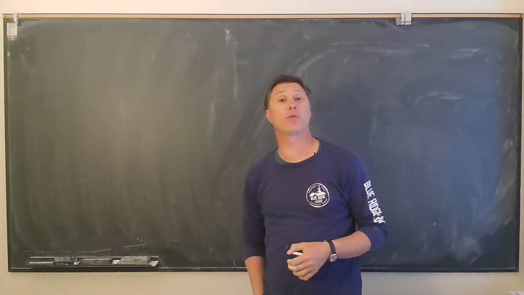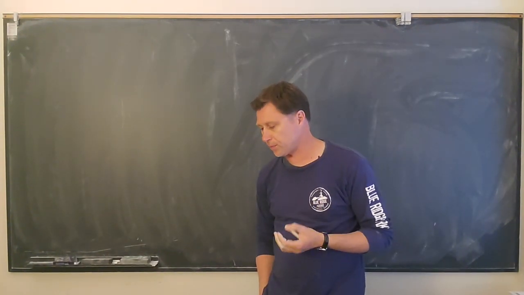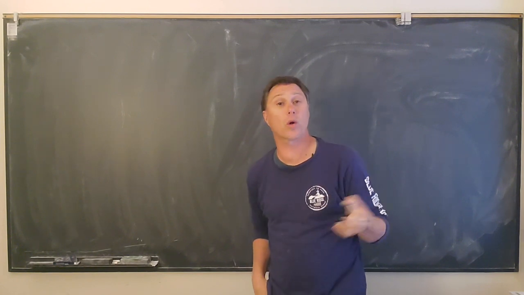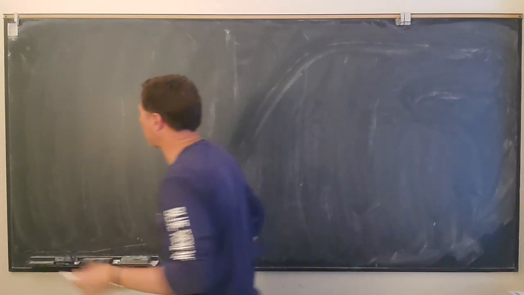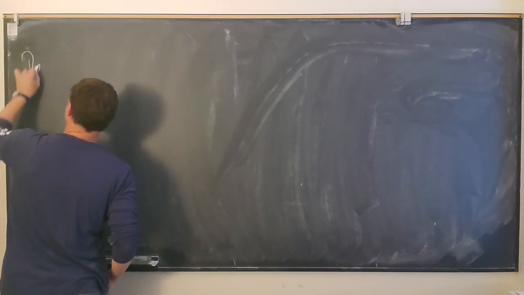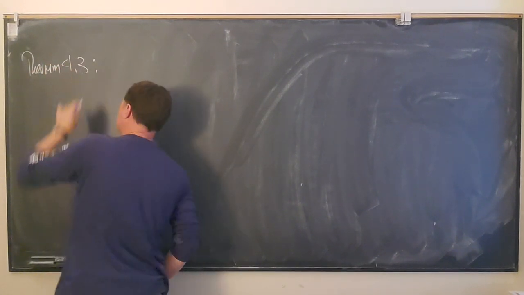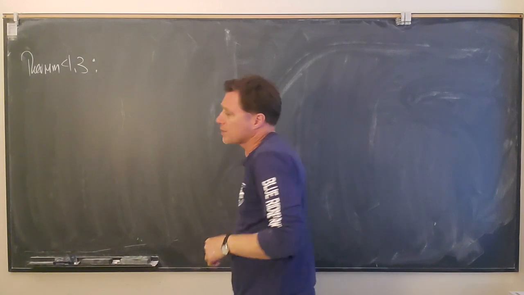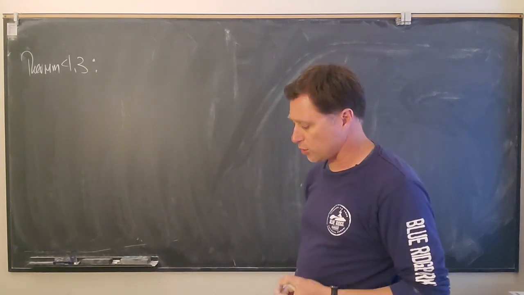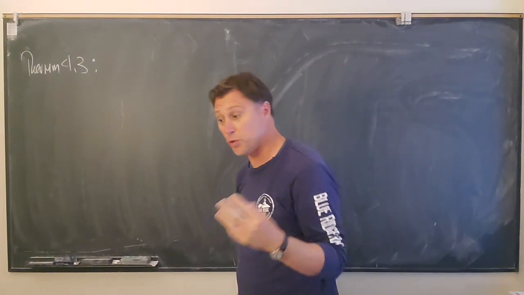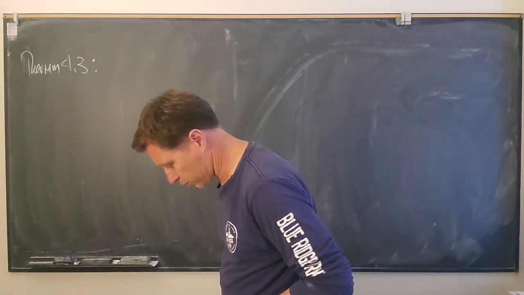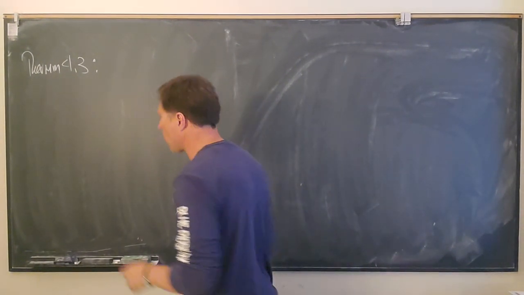Okay, now I want to prove a more general theorem. It almost feels like a corollary to our previous theorem, but it's not quite. So this is theorem 4.3, and it essentially generalizes theorem 4.2, but it makes full use of the results of theorem 4.2 in the proof. So here we go.